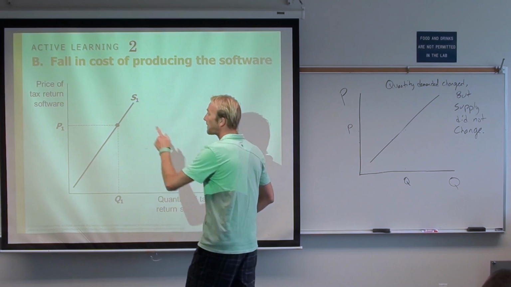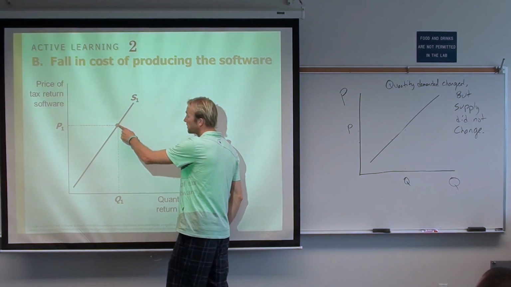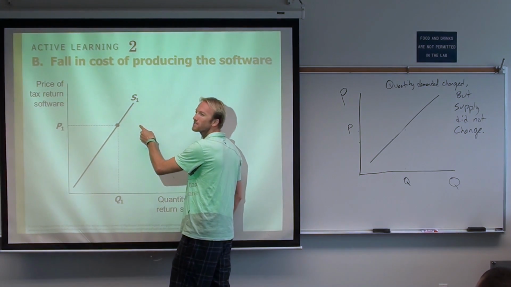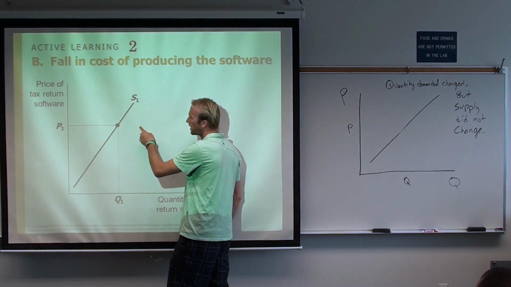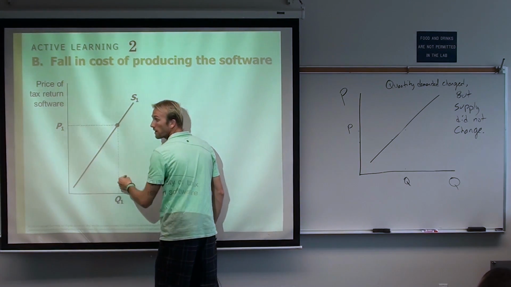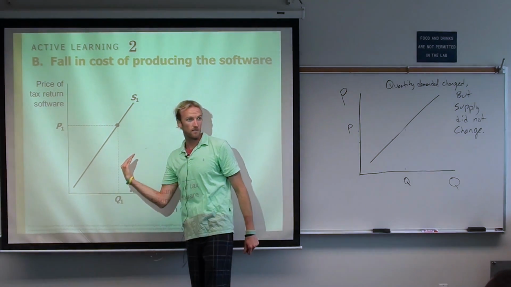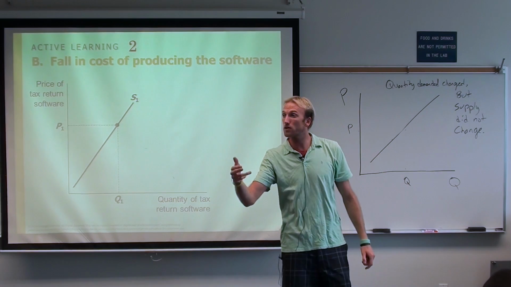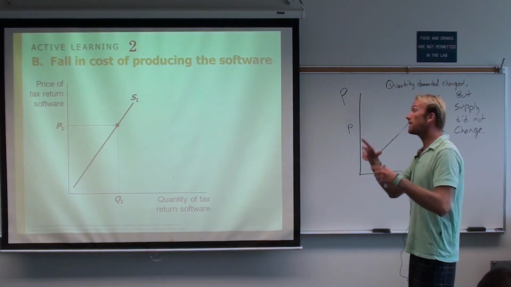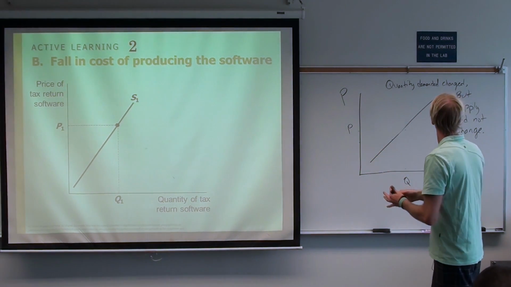More, right? So at price P1, I'm going to be able to produce more of the product because it's cheaper for me to produce it, right? If that happens at every price point, what just happened to the supply curve? It shifted to the right. Okay? We call that an increase in supply and an increase in quantity supplied.